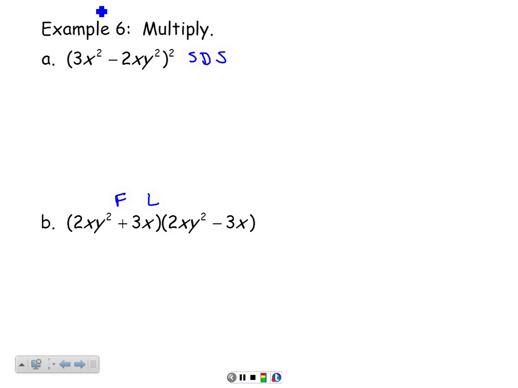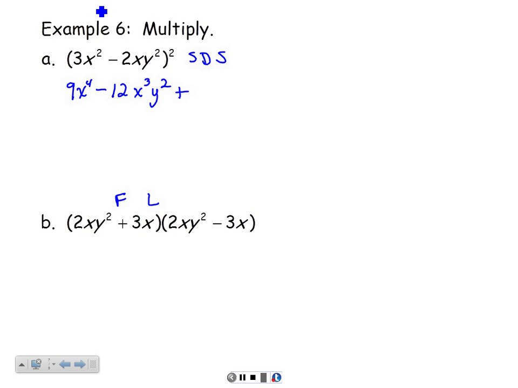Okay, so let's do the first one, square, double, square. So let's take the first term and square it. 3x squared squared is going to be 9x to the fourth. Match the sign. Multiply the two together. So 3x squared times 2xy squared is going to be 6x to the third y squared, doubled is going to be 12x to the third y squared.